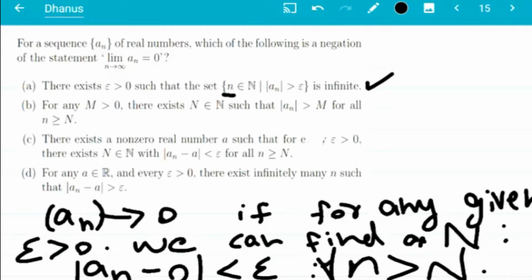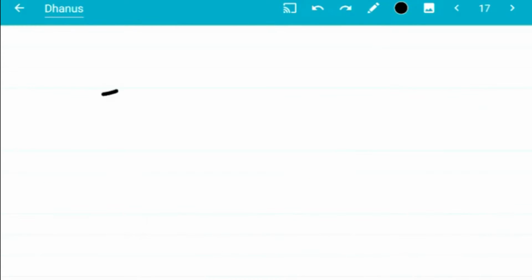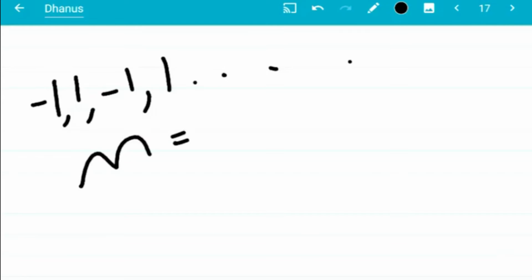That may not be true because they are given for any m. Suppose we take the sequence xn equal to minus 1 raised to n, and I am taking m equal to 2. The sequence xn here is minus 1, 1, minus 1, 1, and m is equal to 2.